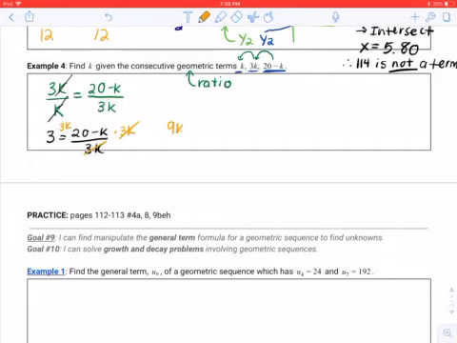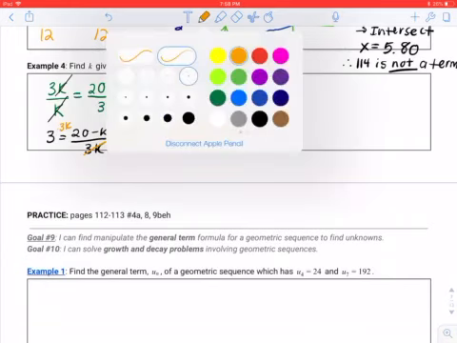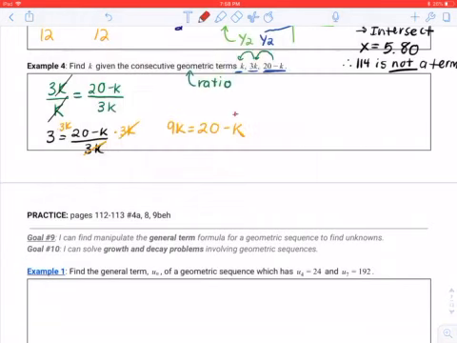I end up with 9k equals 20 subtract k. Then I want to gather all of the k's onto one side. I end up with 10k equals 20. Dividing both sides by 10 leaves me with k equals 2.